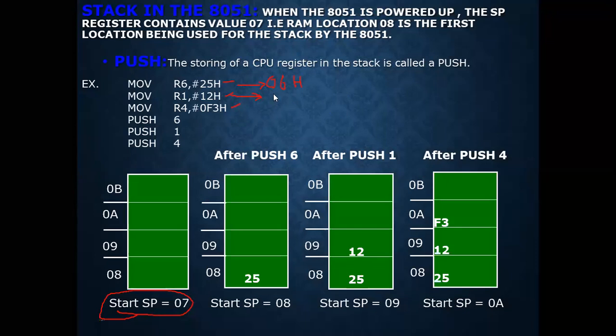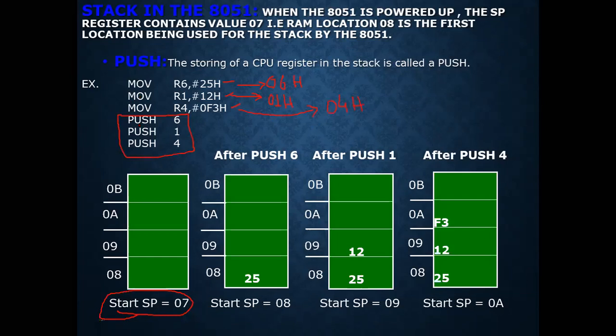Yes, very good. And the address of R4? 04H. Very good. So now look into these three instructions. Initialization has been done.